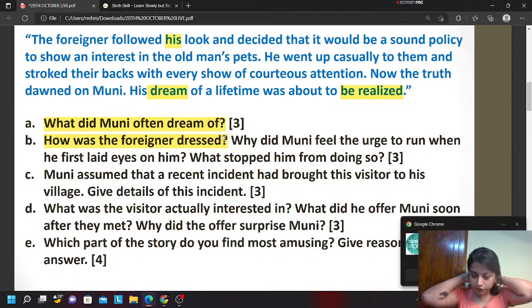We already know about the foreigner who came over here in his car. So how was that particular person dressed? We have to say that. This is of course a 1 mark or a 2 mark, maximum, question, because you have 3 parts to it. So what was he wearing? Just half a mark maybe, or a 1 mark question.